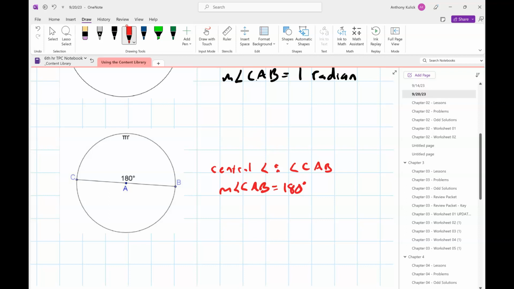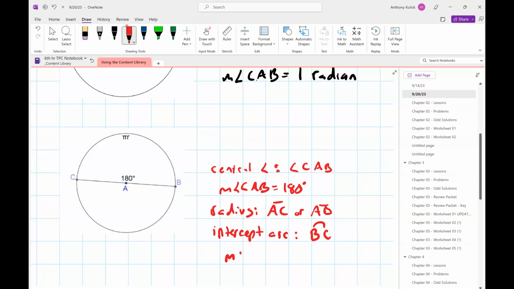So our radius in this picture would be either AC or AB, right? Would you agree with that? And our intercepted arc would be the arc BC. Feel okay there?